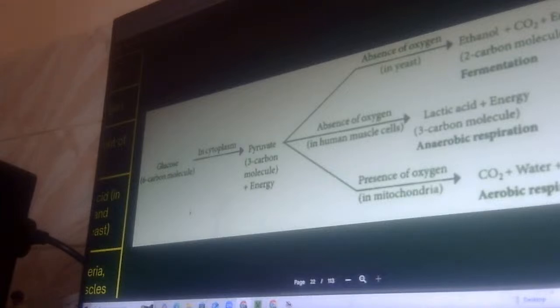Then we have lactic acid plus energy in the absence of oxygen in muscle cells of humans.